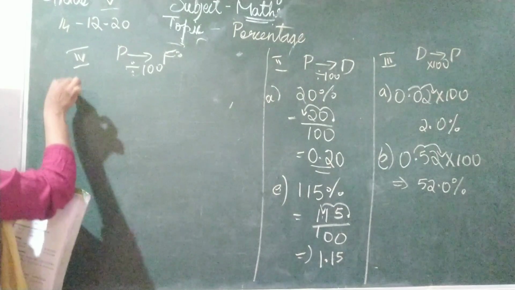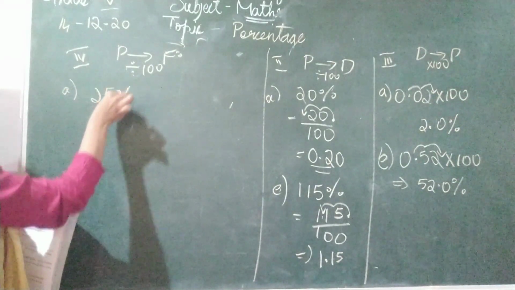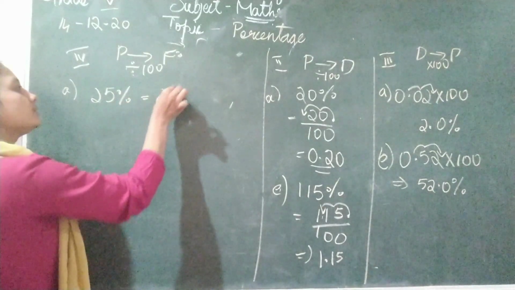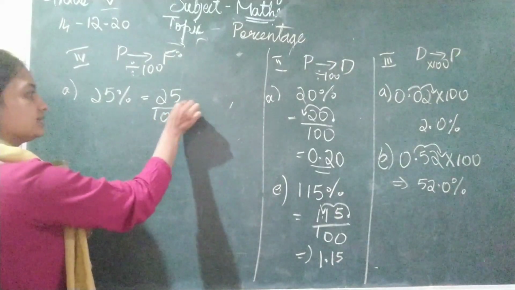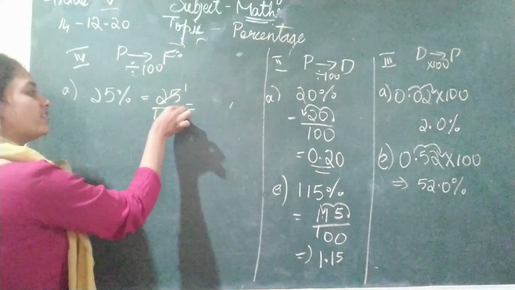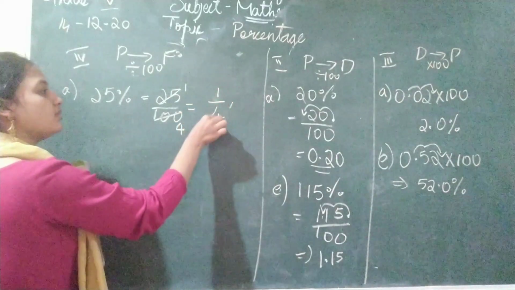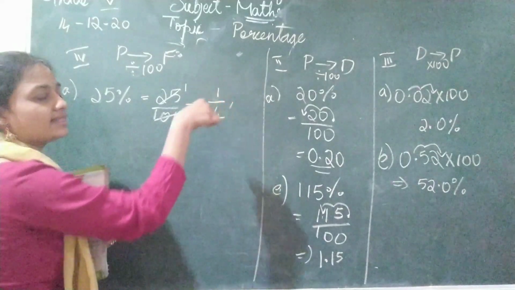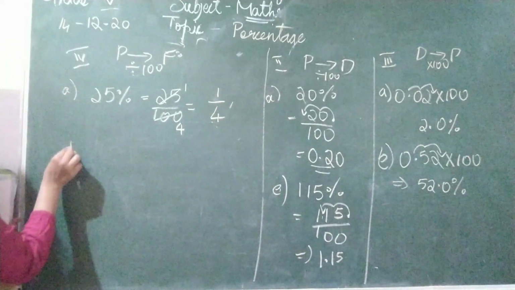For A, you have 25%. Divided by 100, 25 by 100. I can cancel this: 25 ones are 25, 25 fours are 100. So it will be 1 by 4. This is my lowest term because I can't cancel it anymore. This is the lowest form.